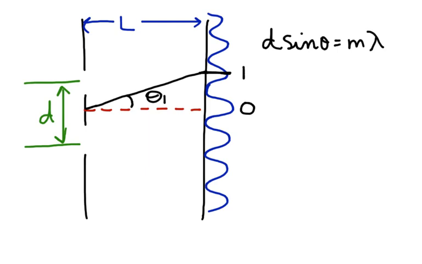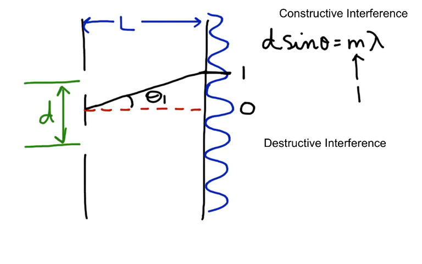Theta is your angle from equilibrium to whichever fringe you're looking at. m is your order, and lambda is your wavelength. In this particular example, my order would be a value of 1. And this is only at the bright areas, or where constructive interference occurs. Okay, well, what about destructive interference?